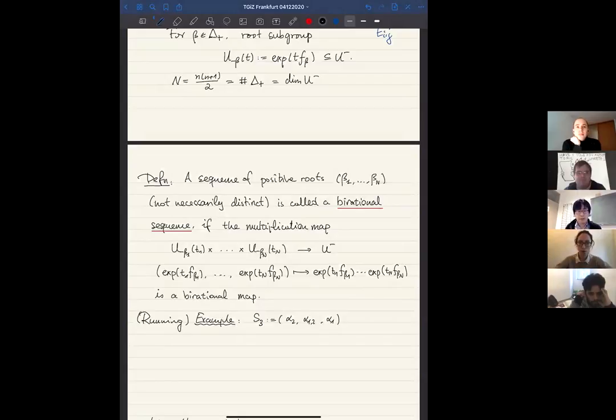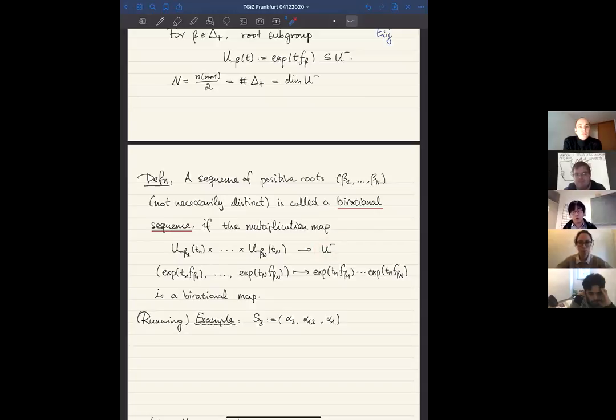if the following multiplication map is birational. What is this multiplication map? So here I start with U minus beta_1. I told you that U minus beta_t is the image of this exponential. So I take these root subgroups, and all of them are in U minus.